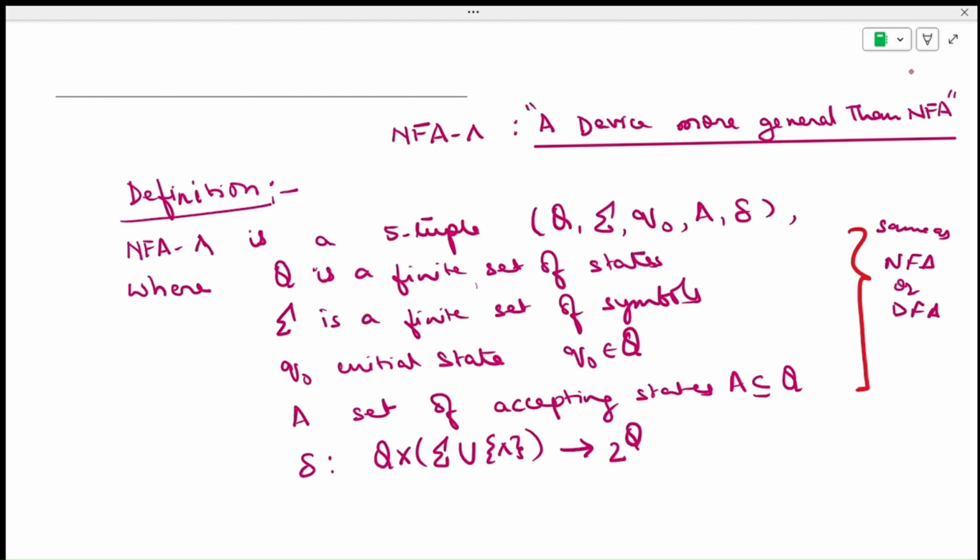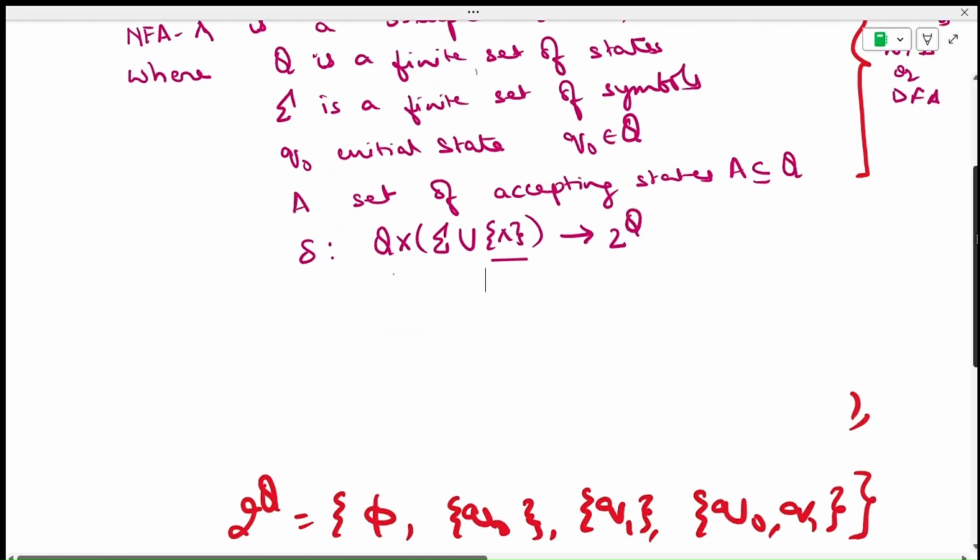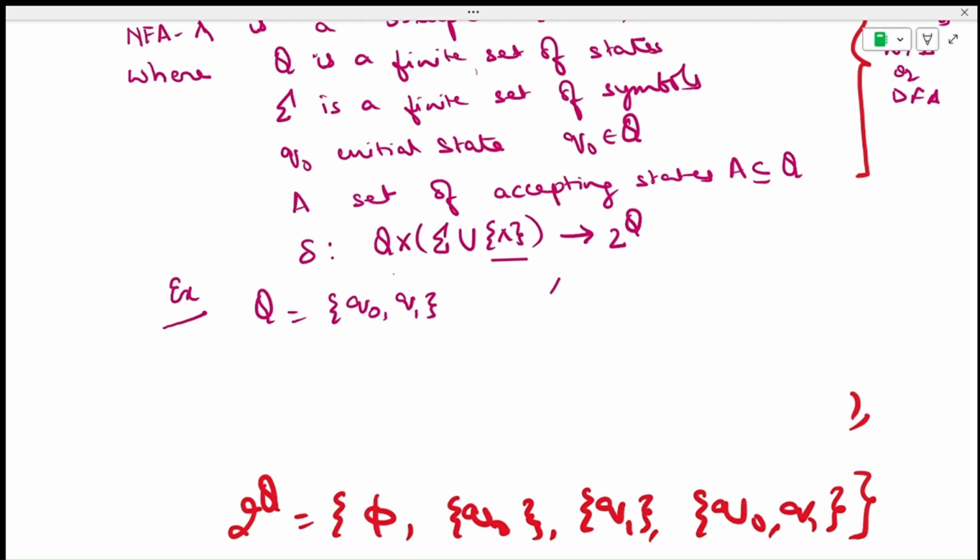Here we have Q cross sigma union null, that is, the set of symbols performs a union operation with the null. Null will be treated as one of the input symbols, to the power set of Q. For example, if we have a Q with two states Q0 and Q1 and sigma as A or B, perform sigma union null.